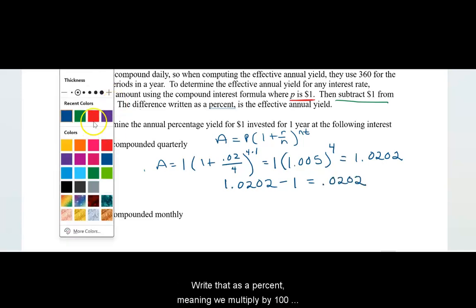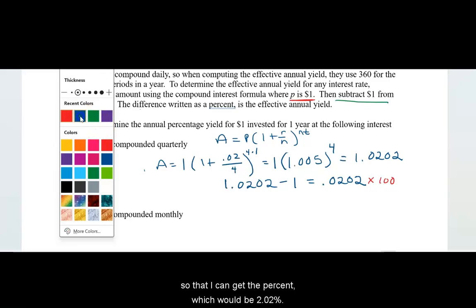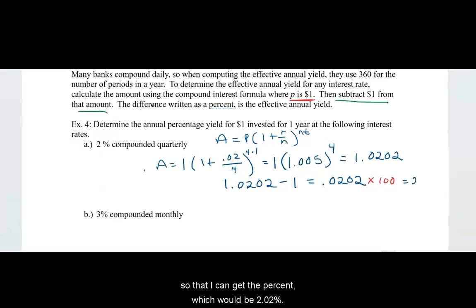Write that as a percent, meaning we multiply by 100, which would be 2.02%. So if you wanted to earn the same amount of money as you do here in the compound interest, you would need a simple interest account that has 2.02% interest.